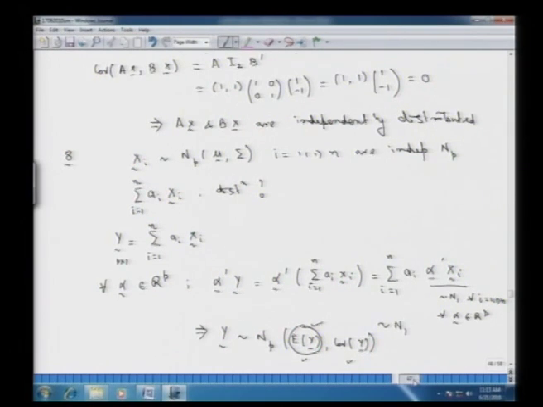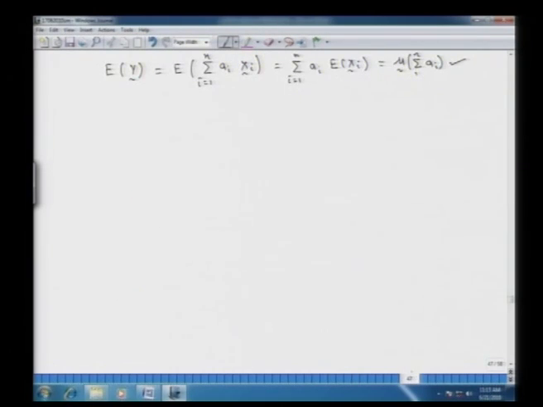So let us look at what the covariance matrix of y is, similarly. The covariance matrix of y, from its definition, is the expectation of y minus expectation of y vector times y minus expectation of y transpose.